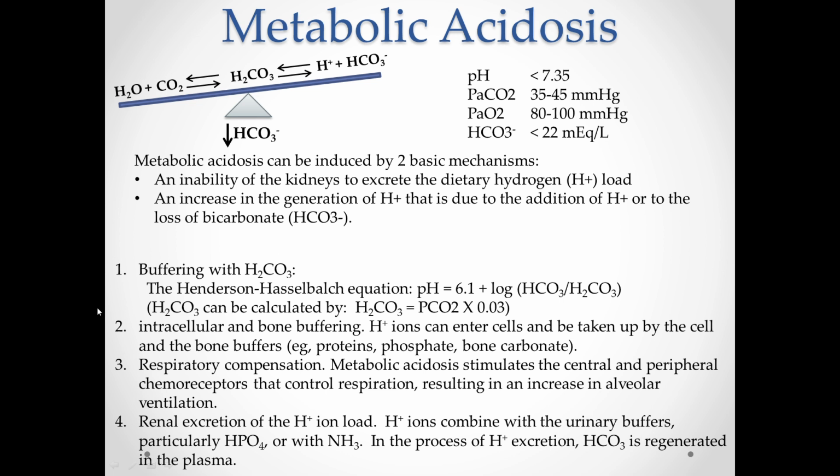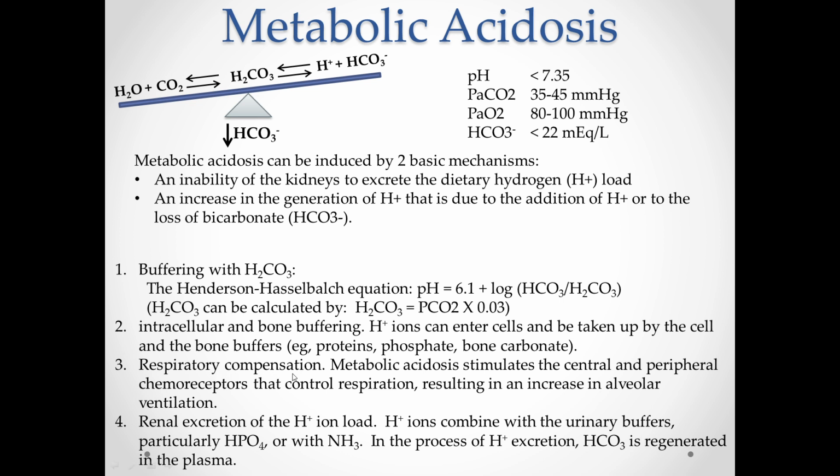The next mechanism for compensation includes intracellular and bone buffering. Hydrogen ions enter cells and are taken up by the cell and bone buffers. Those include proteins, phosphate, and bone carbonate. The next mechanism is respiratory compensation.